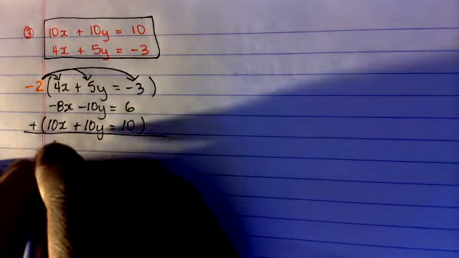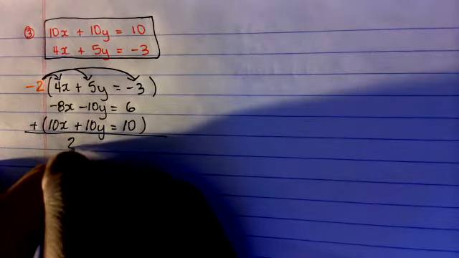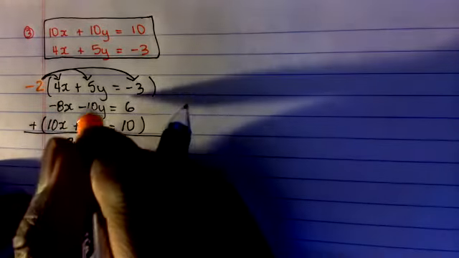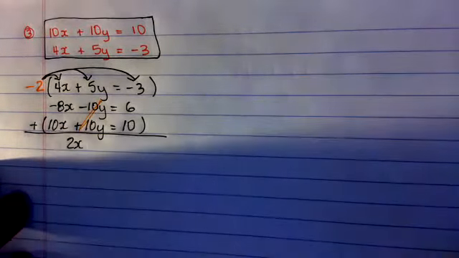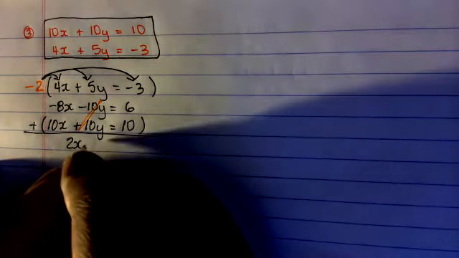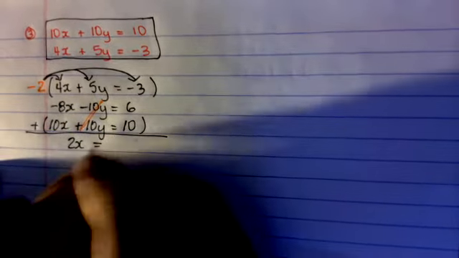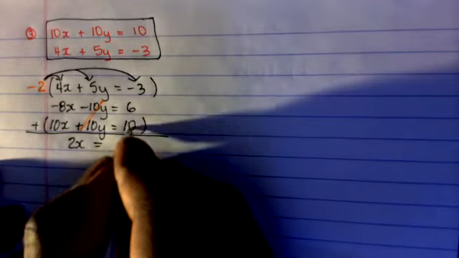When I add, -8 plus 10 gives me +2x, and the -10y and +10y cancel. So it's equal to, what do I get here? 6 plus 10 is 16.